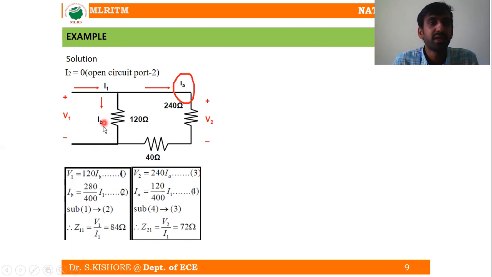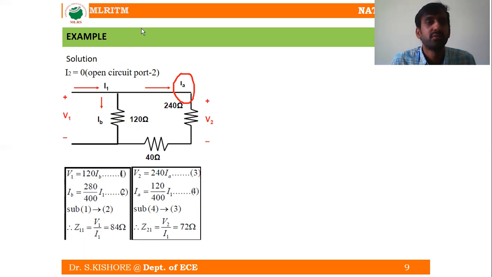This IB can be expressed in terms of I1 and IA, but the voltage V1 is going to be the potential difference across the 120 ohm resistor. So V1 is equal to 120 ohms into, what is the current here? IB. The current is IB.